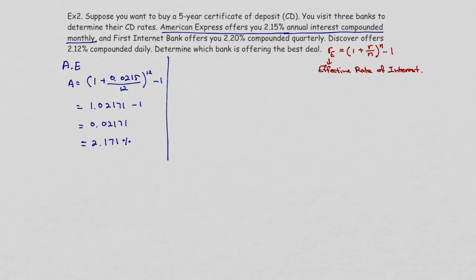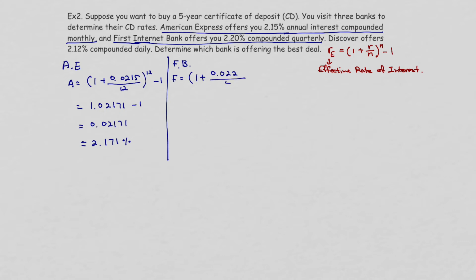And then if we wanted to get First Internet Bank, it is going to be 1 plus 0.022, because that's the rate for First Internet Bank, right?